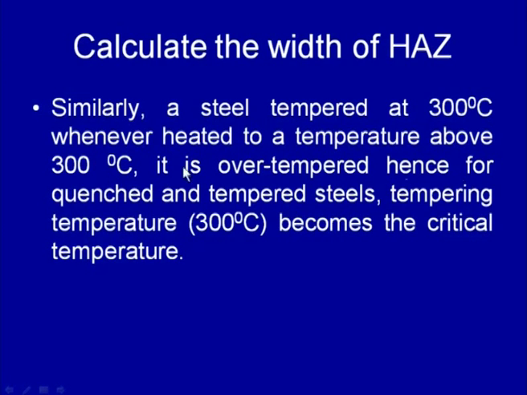Therefore, for quenched and tempered steels which have been tempered at 300 degree centigrade, this temperature becomes the critical temperature. So, for quenched and tempered steels, the tempering temperature becomes the critical temperature for calculation of the width of the heat affected zone.